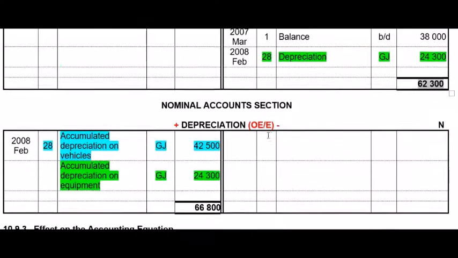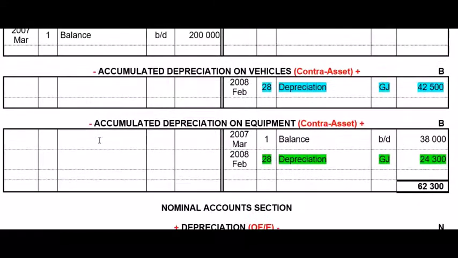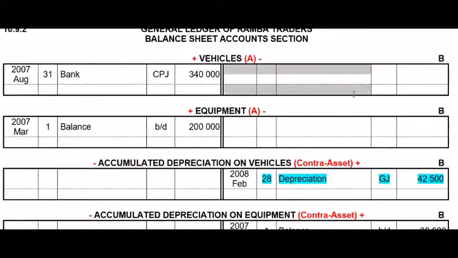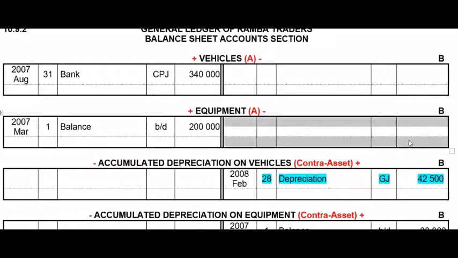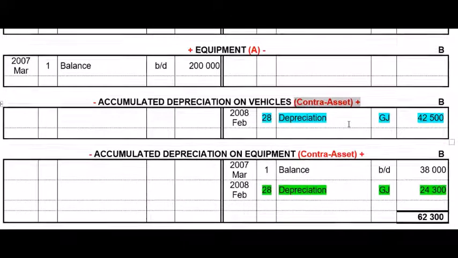Okay, then they asked you to show the effect on the accounting equation only for the depreciation. So we will work with this value, the total depreciation value, 66,800. Our assets of the business decreased in value. Okay, so even though we didn't write it here in the vehicles and in the equipment accounts, we created contra assets, in other words, negative assets.